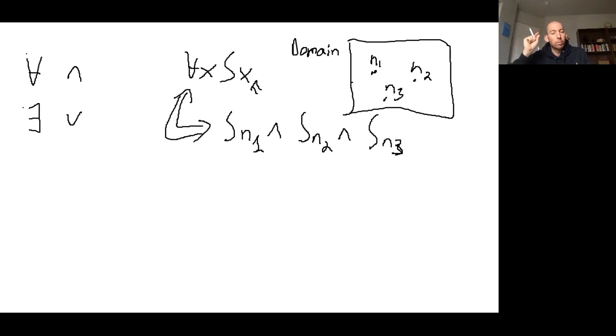We've given them pretend names to be able to pick out all those objects. If we had a 4th object, say n4, then we would also have to include S of n4.